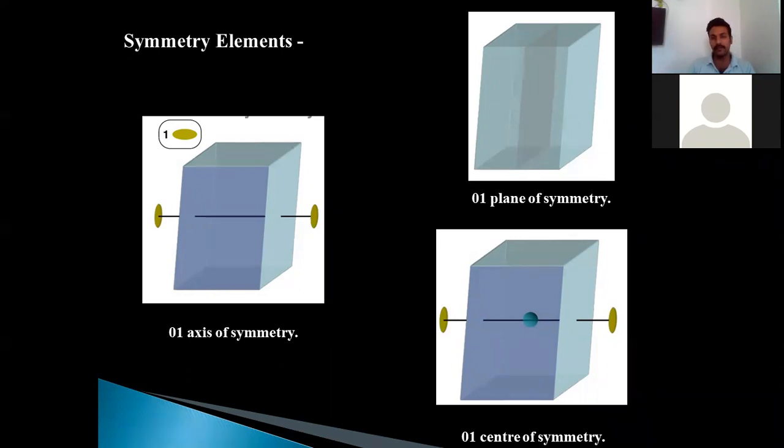In orthogonal we have seen 3, 3, and 1, and we also saw an increment in the hexagonal system, where the axes were 7, planes were 7, and 1. But in the monoclinic system the symmetry decreased considerably, so we have only one axis of symmetry, one plane of symmetry, and one center of symmetry.